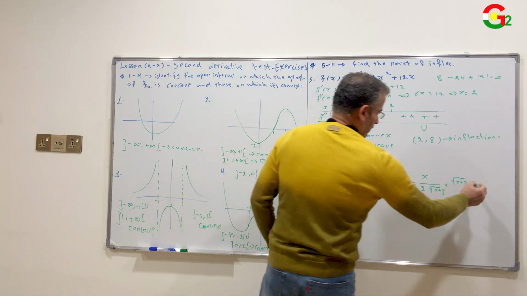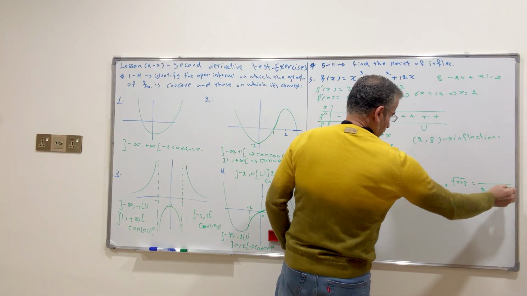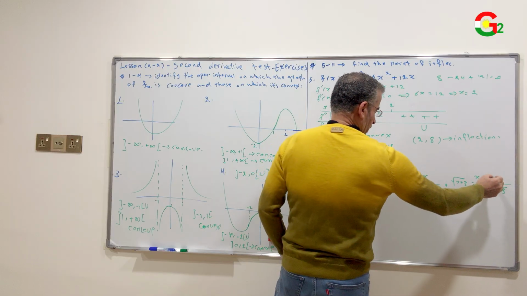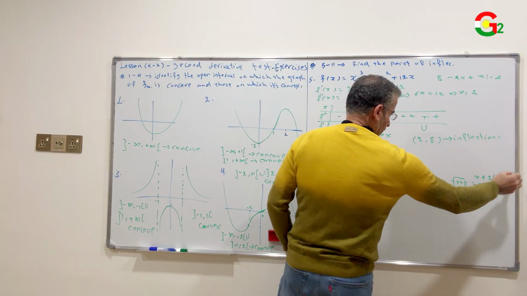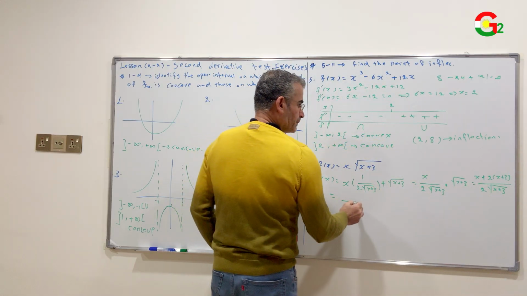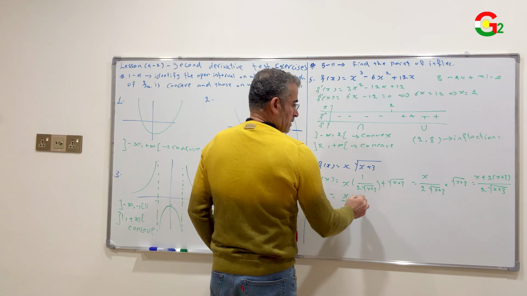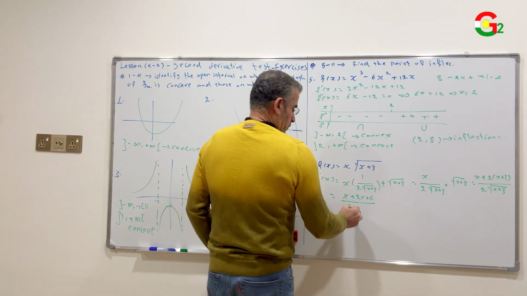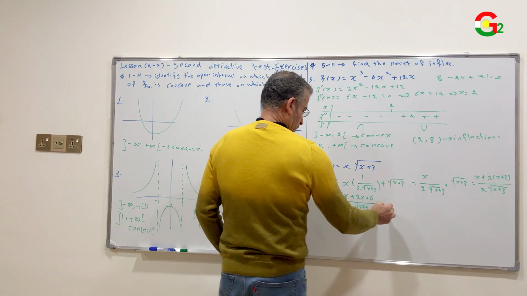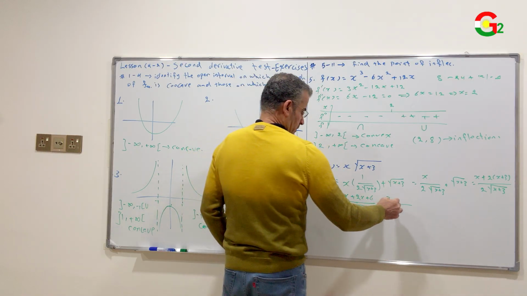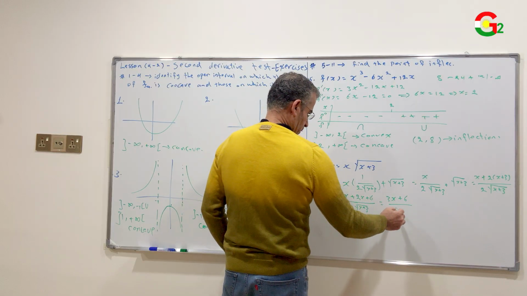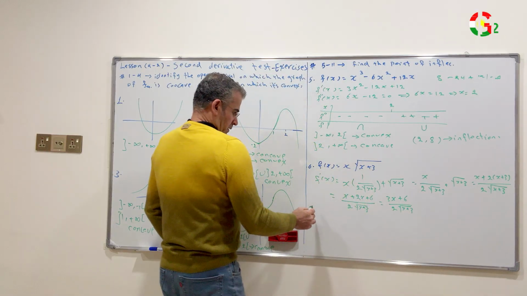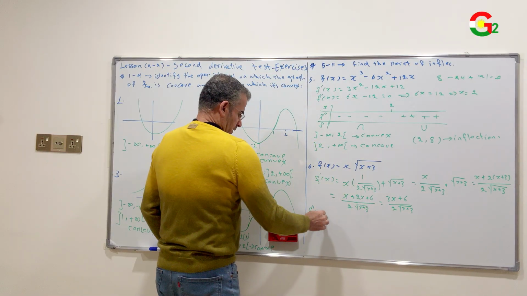Find the common denominator, 2 square root x plus 3: x plus 2 times x plus 3 equals x plus 2x plus 6 over 2 square root x plus 3, equals x plus 2x, 3x plus 6 over 2 square root x plus 3. Find the second derivative of this function.